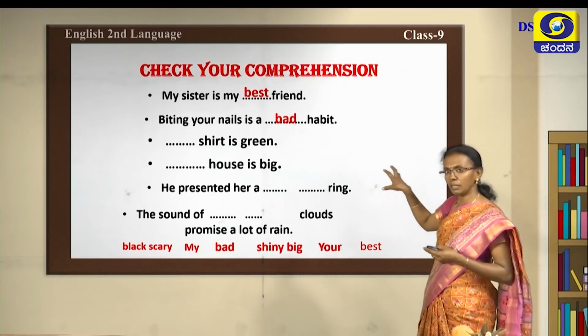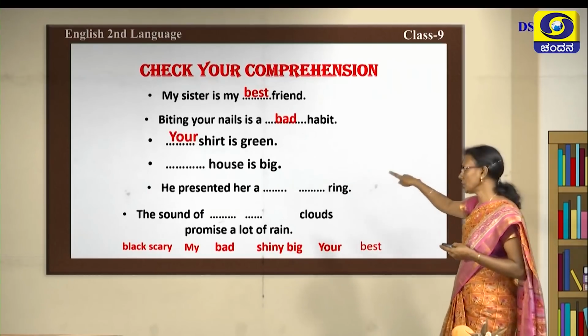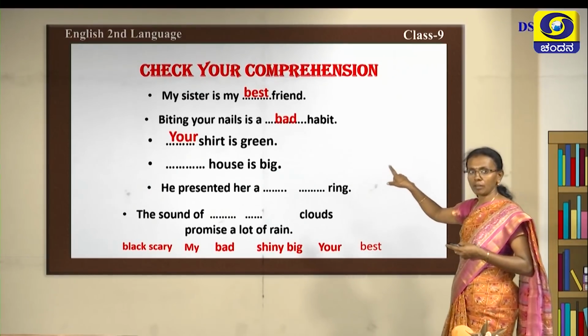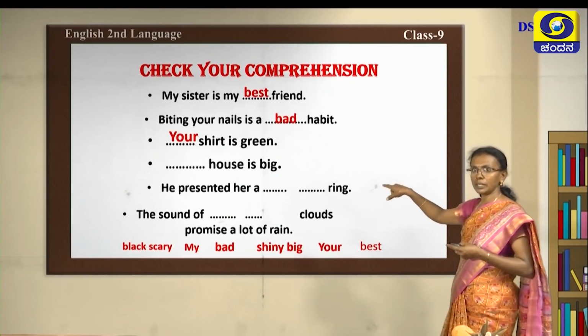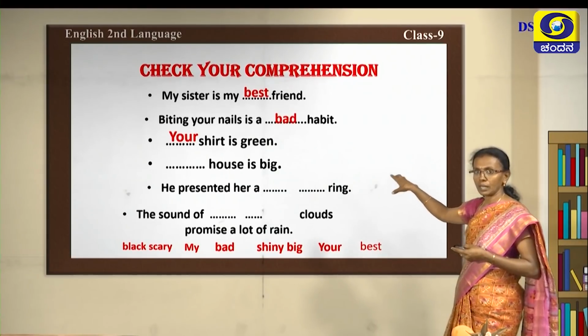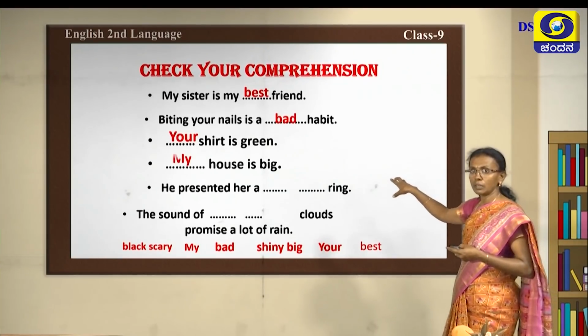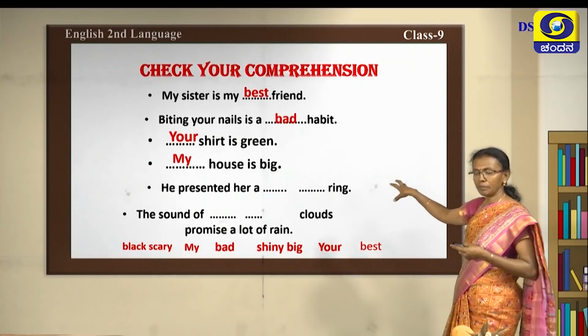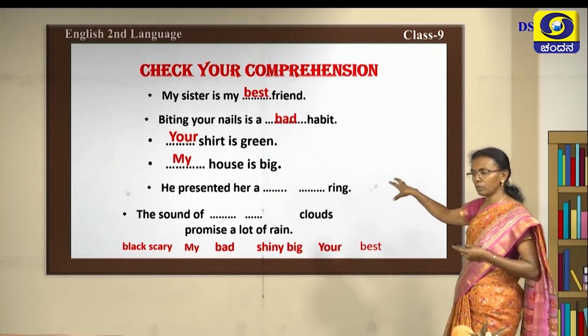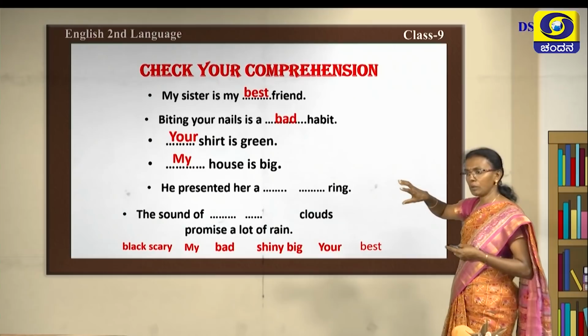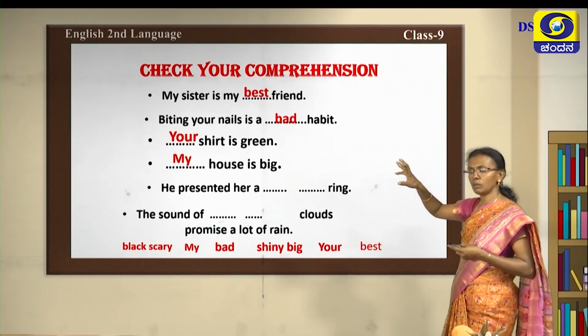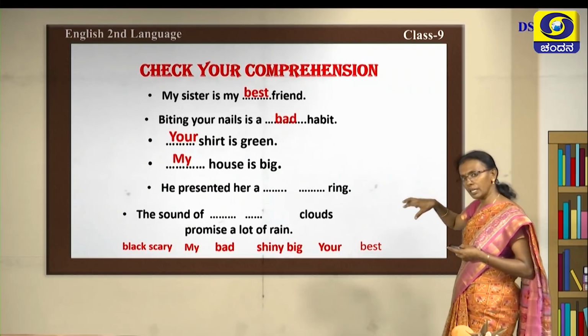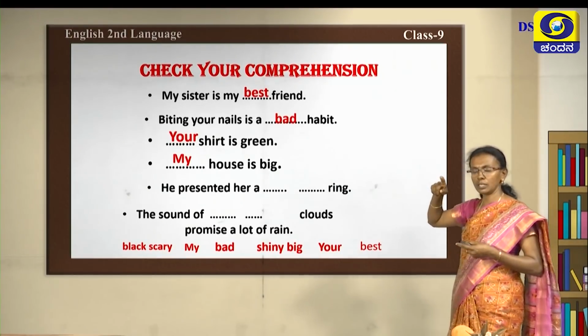You are describing that. Next, your shirt. It is a pronoun there. Okay. Your shirt is green. Next, you can go to my house. Even that is a pronoun. I told you before, an adjective not only qualifies or modifies a noun, it qualifies and modifies a pronoun, and even another adjective. So here it is a pronoun.